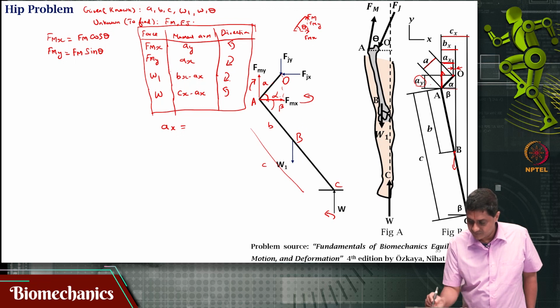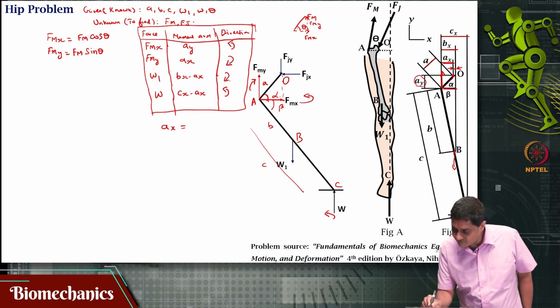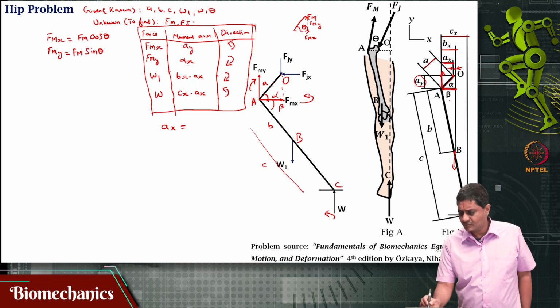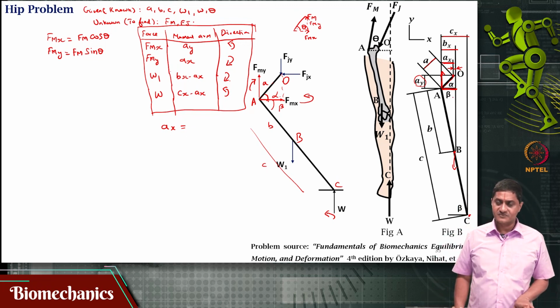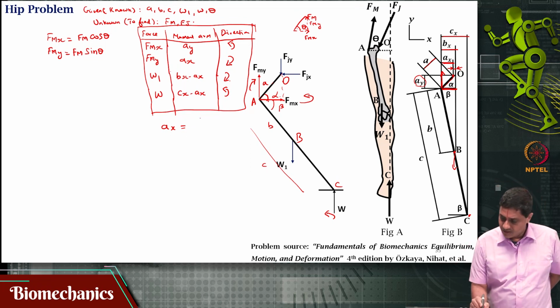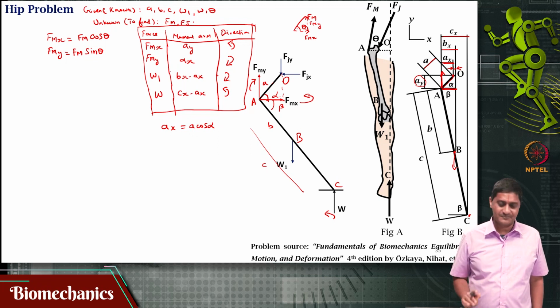If I know this to be A, this is the distance that I need to know. What is that? That is the adjacent side of this right triangle with angle alpha. That would be A cos alpha, is it not? Please spend a few minutes, go back to your resolution of vectors and forces, and check whether I am correct. I know that I am correct, but please do check.